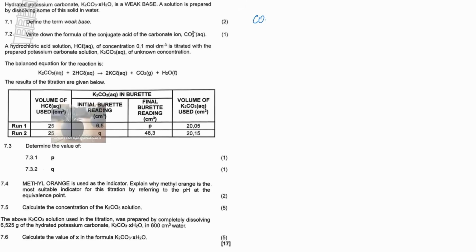So CO3 2-, we're going to add an H to it. It's going to become HCO3-, and 2- becomes 1-, and that's our answer. So just remember that if you want the acid of something, add a proton and add 1 to the charge. If you want the base, remove a proton and subtract 1 from the charge.